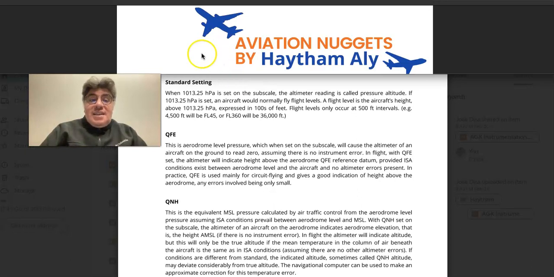All of these three settings, standard setting, QFE, and QNH, are pressure settings for the pressure altimeters. So again, the pressure altimeter is a static pressure reading gauge that is calibrated to show us vertical distance.